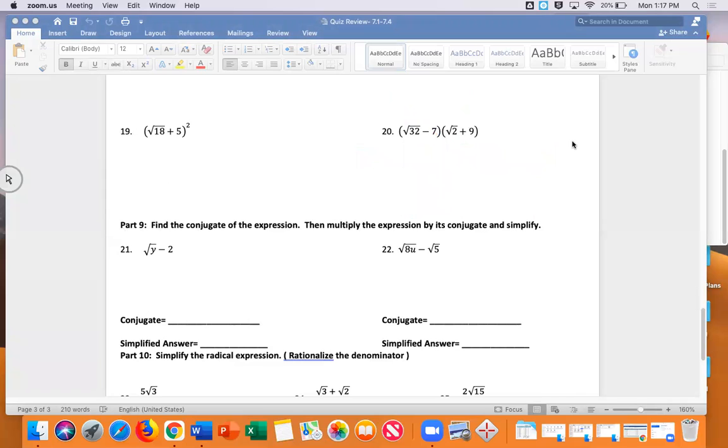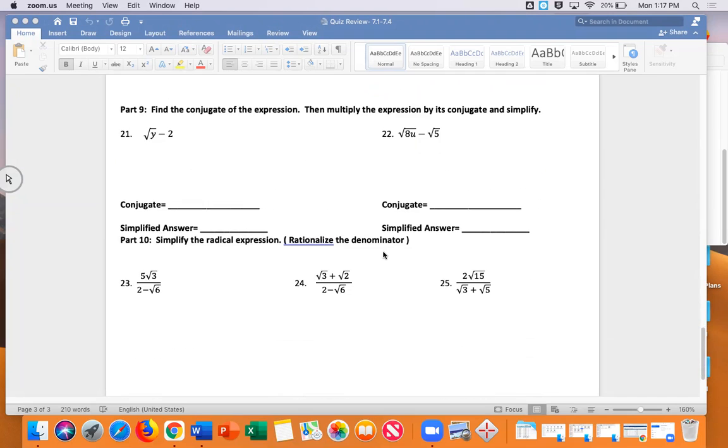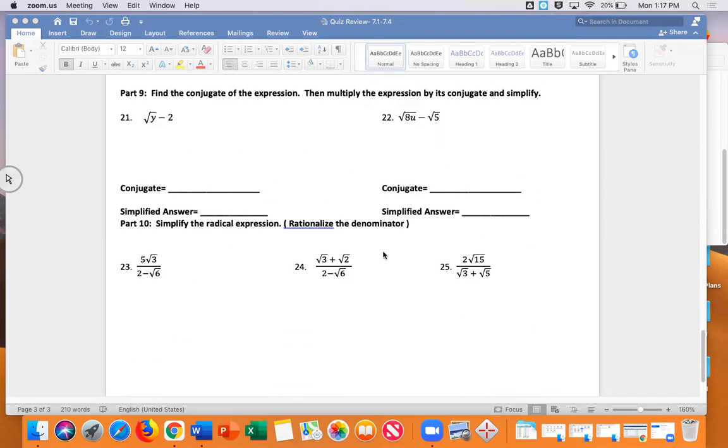All right, down here, hopefully you guys found a pattern with conjugates. Did anybody find an easy way to do the conjugate? Now, when I multiply them together, that's where the pattern occurs, right? So this was root y plus 2, right, Owen?